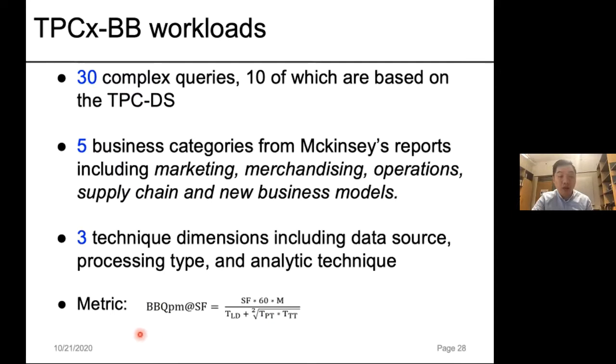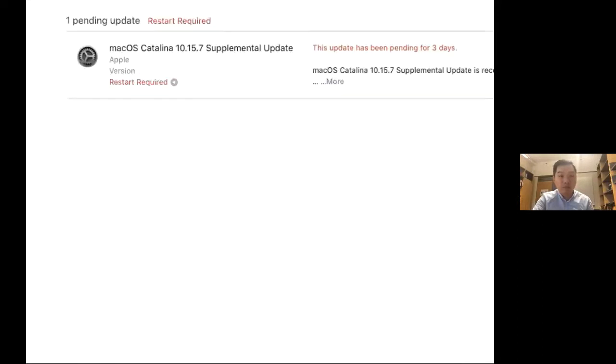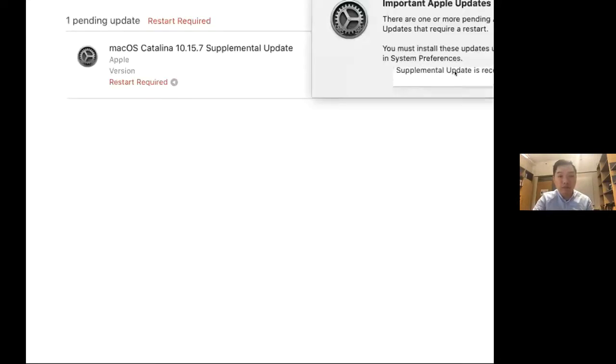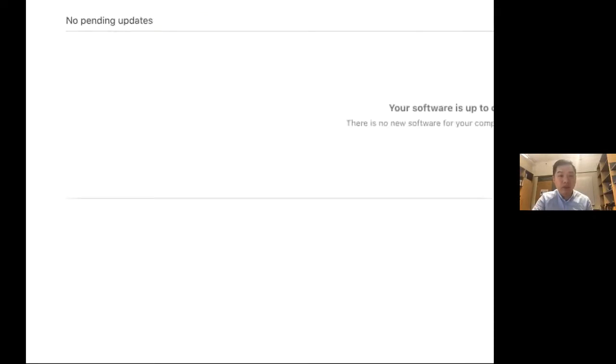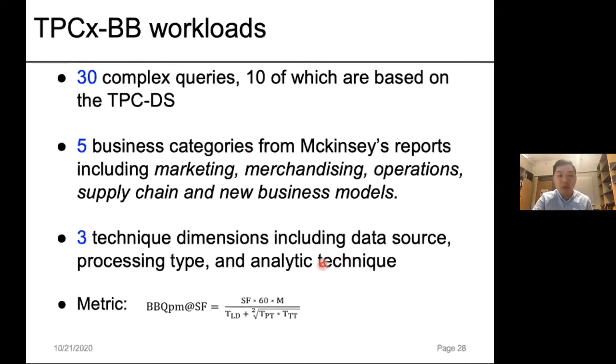And the metric is mainly similar to TPC-DS, including the loading time, the power test performance, and the throughput performance, with the scale factor, where M is the number of queries in the benchmark, SF is the scale factor, and the factor of 60 is the minutes in an hour.